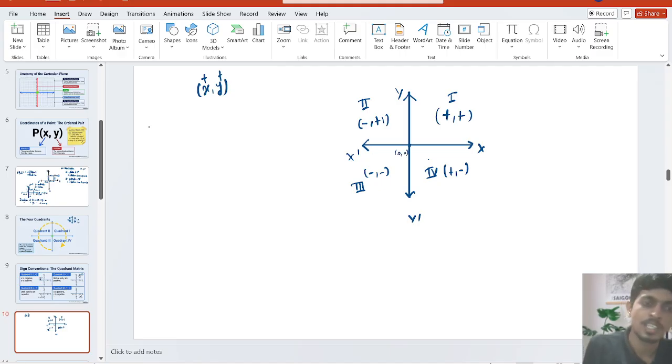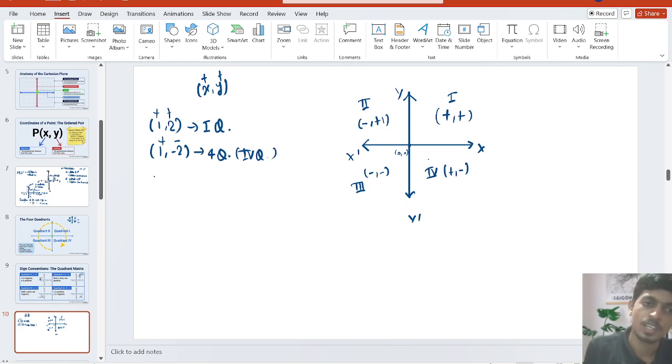Now for example, 1 comma 2 lies in which quadrant? This is positive, positive, so first quadrant, okay. If 1 comma minus 2, this is positive, this is negative, which quadrant? Fourth quadrant.